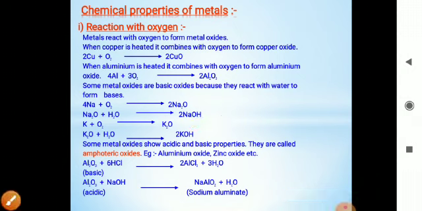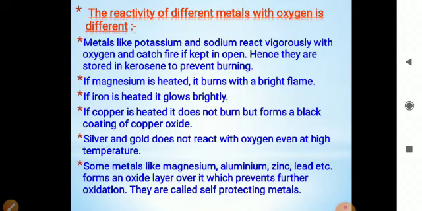So sodium oxide is a basic oxide. So all the metals form oxides, but the nature of the oxide is different. Now different metals react with oxygen, but their reactivity differs. For example, sodium and potassium are very vigorously reactive metals, so they react at lower temperature also. Whereas aluminium, magnesium, zinc react on heating.